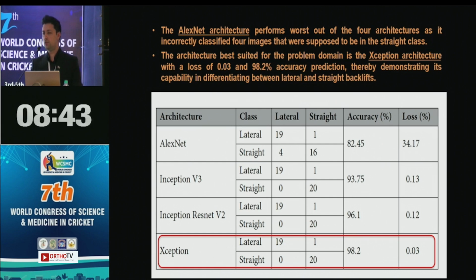Now, if you look at a number of machine learning models in sports science, if you are given more than a 95% accuracy prediction, it's deemed to have very high validity and reliability. And we were able to validate that a particular deep learning architecture, Xception, was able to automate the recognition of the backlift technique.